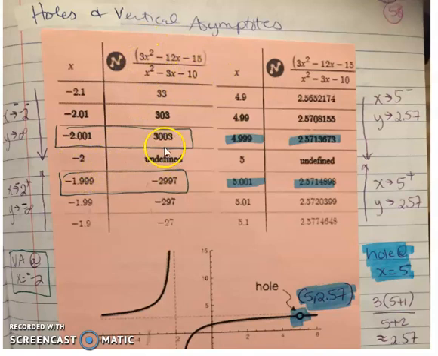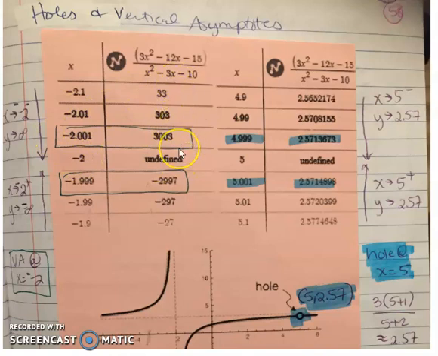But if I plug in -2 itself, remember that made the bottom 0, so it's going to be undefined. I can't really see what's happening there. But if I look strictly at the left-hand side, as these numbers, -2.1, -2.01, -2.001, get closer and closer to -2 on the left, notice these y values are getting very, very high.